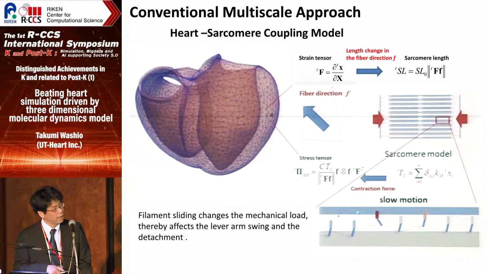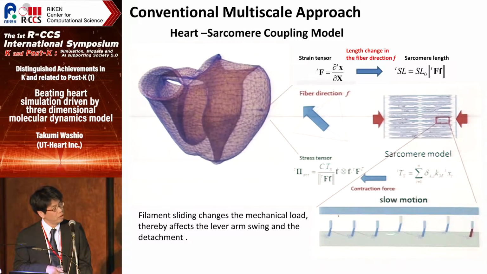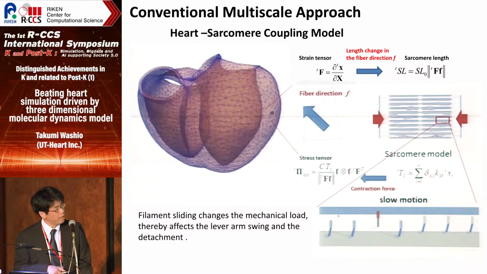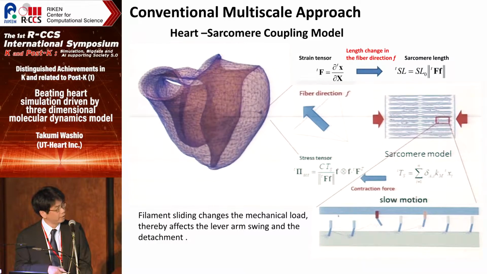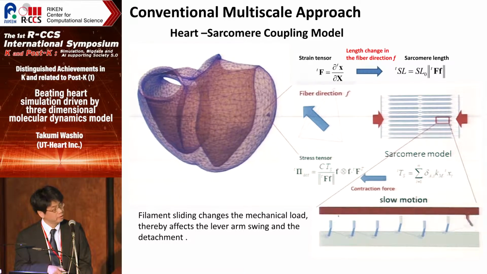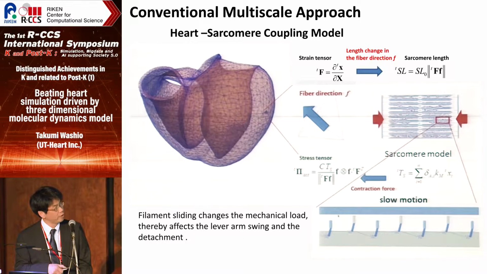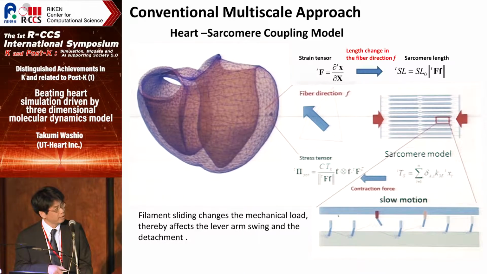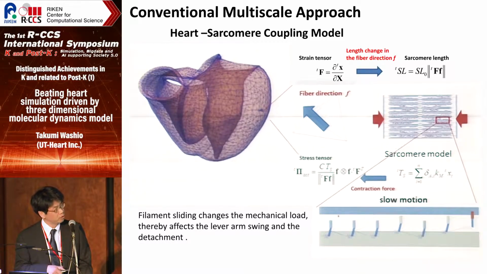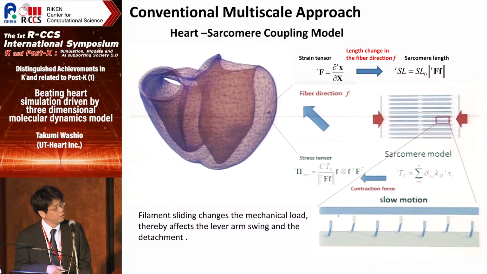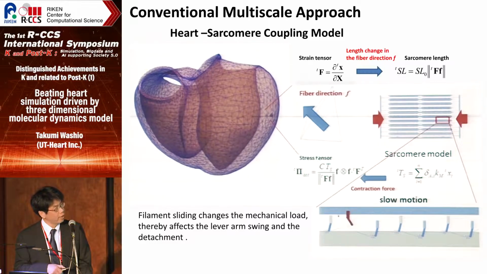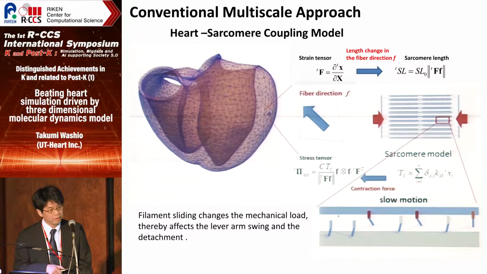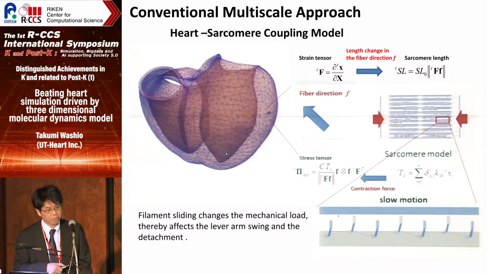This length change affects the load of the individual protein motors, and it affects the lever arm swing behavior and the detachment event. In this way, the macroscale movement affects the microscale molecular behavior. On the other hand, the total contraction force of the sarcomere model is sent to the macroscale, and it is used to compute the active stress tensor, which drives motion of the macroscale model.